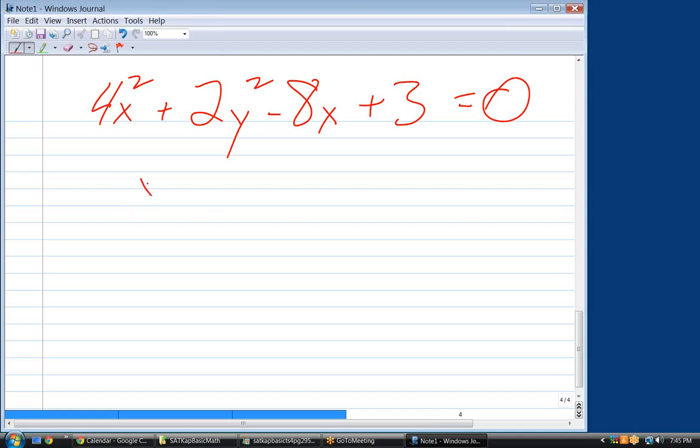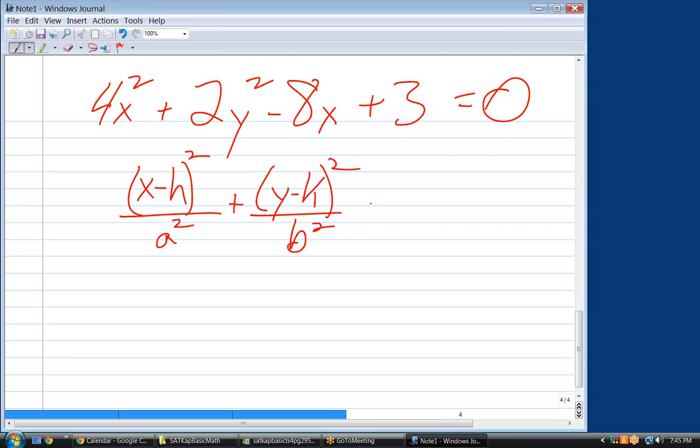x minus h squared over a squared plus y minus k squared over b squared equals 1, with a having to be larger than b, and if this is a vertical ellipse, the a squared comes under the y term.